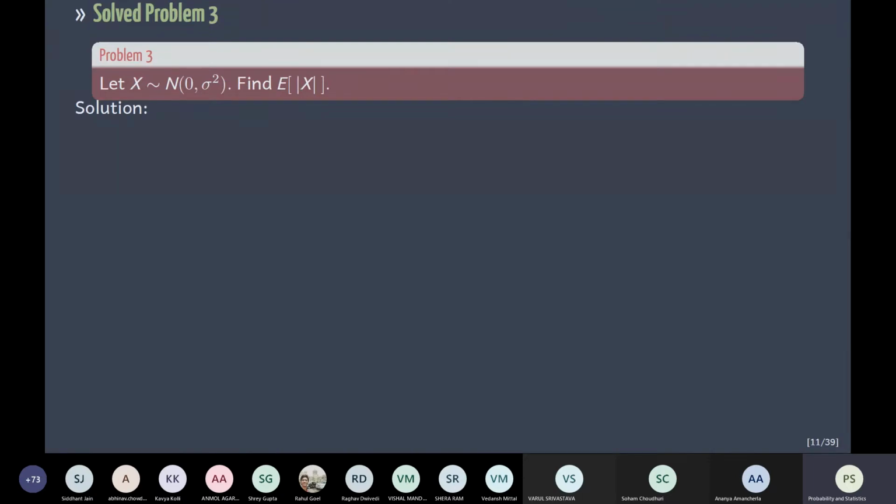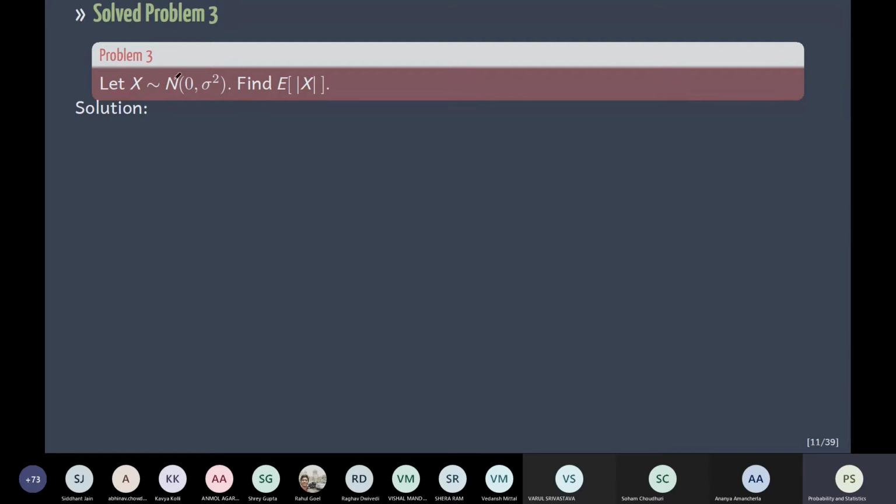Now, we can solve more problems. For instance, here I'm given to find the expectation of the mod of x, right? So again it's a normal distribution, and we are supposed to find the expectation of mod x.